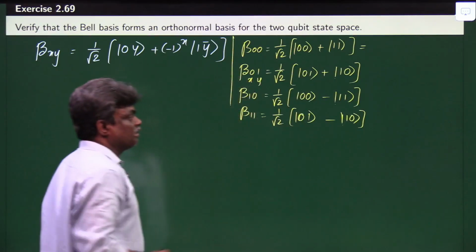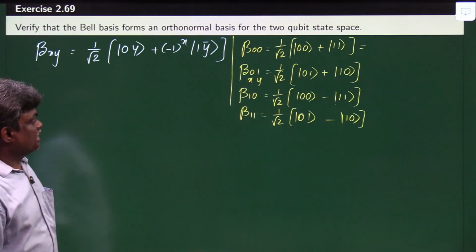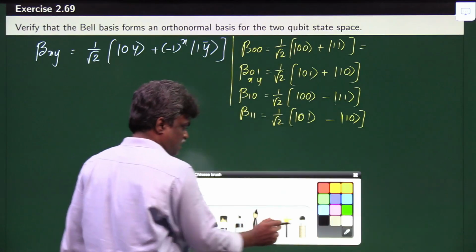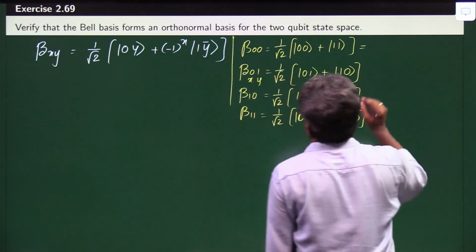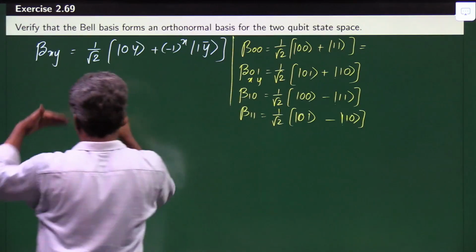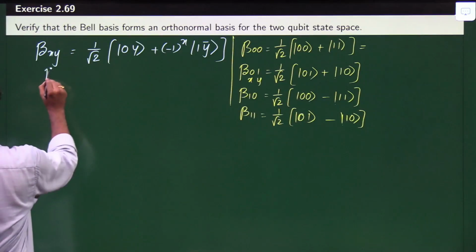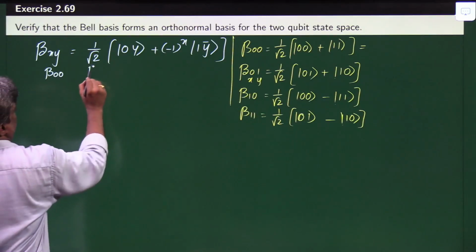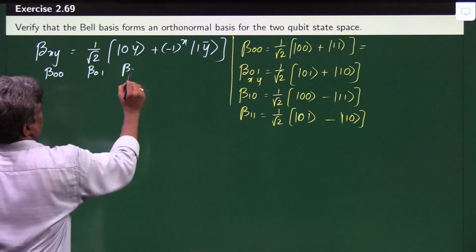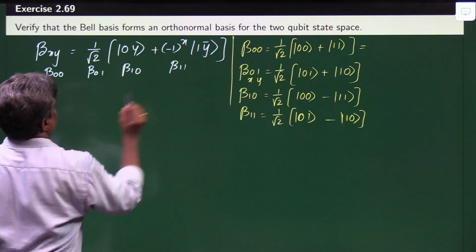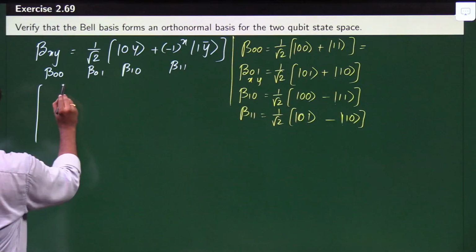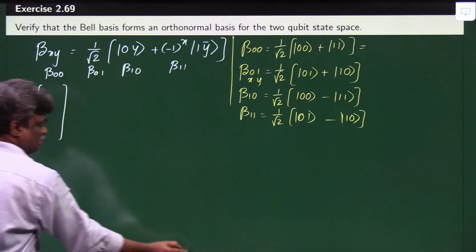That's it. So finally we got these four Bell states, but I would like to write these Bell states as column matrices, that means a matrix representation. So I'm writing here beta 00, beta 01, beta 10 and beta 11. This is nothing but the column matrix.